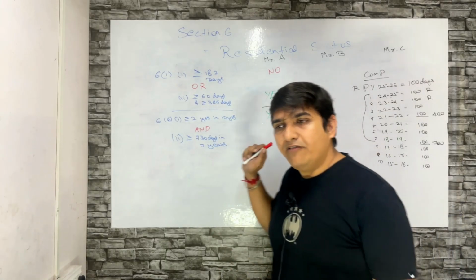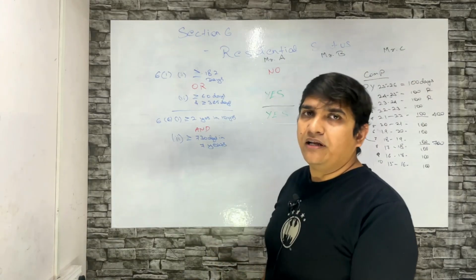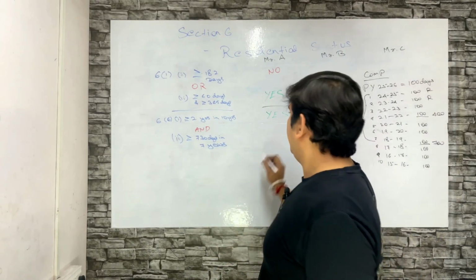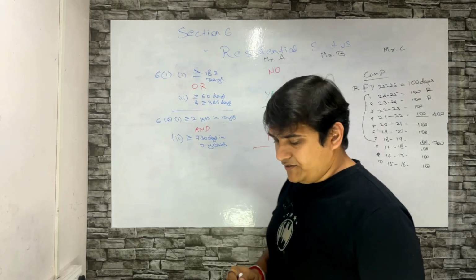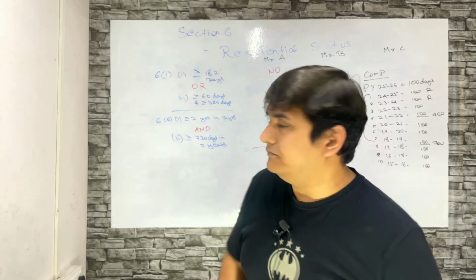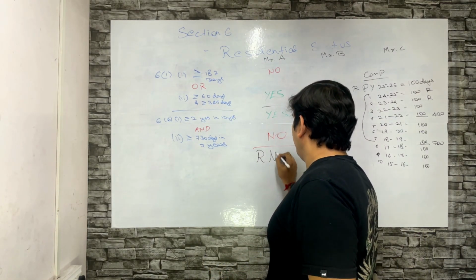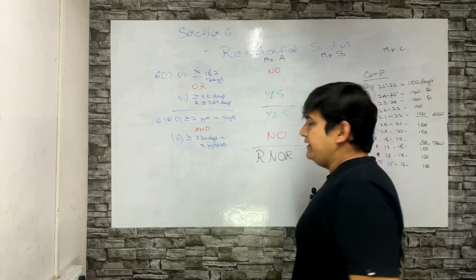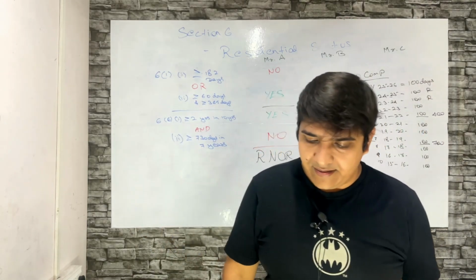He has stayed only for 700. So since he has not stayed for 730 or more, this is not satisfied. If it is not satisfied, what will Mr. A become? Mr. A becomes resident but not ordinarily resident.